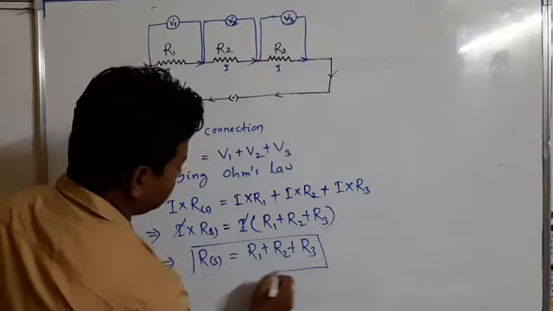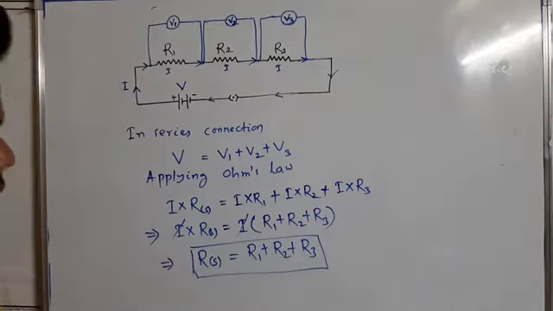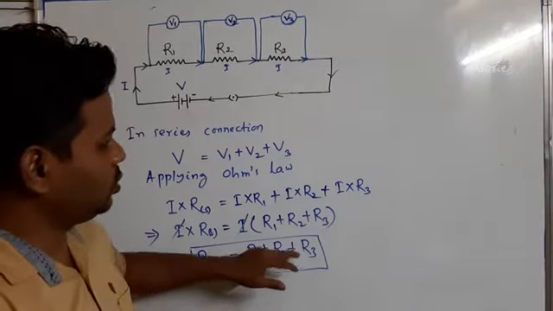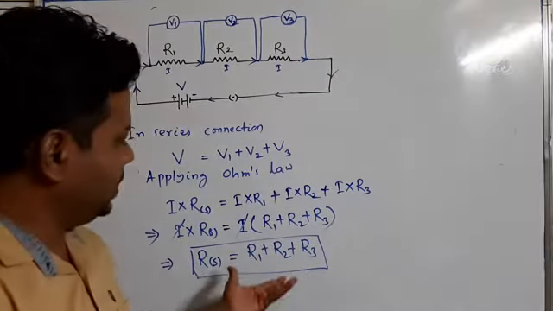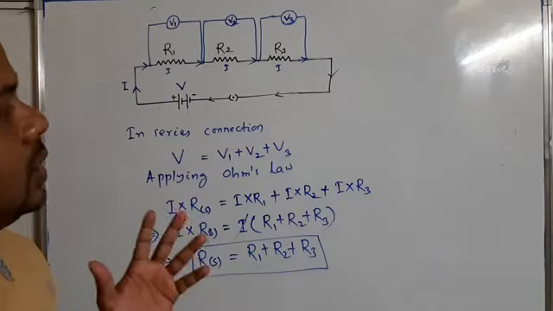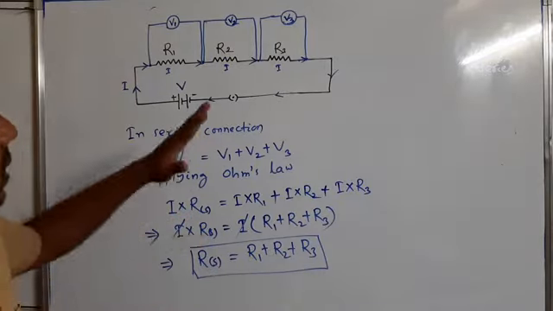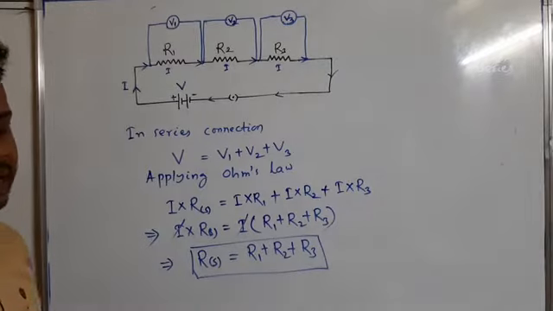This is the formula, the law of combination of resistances in series. In this way we can derive the formula for series connection. This is all about series connection.